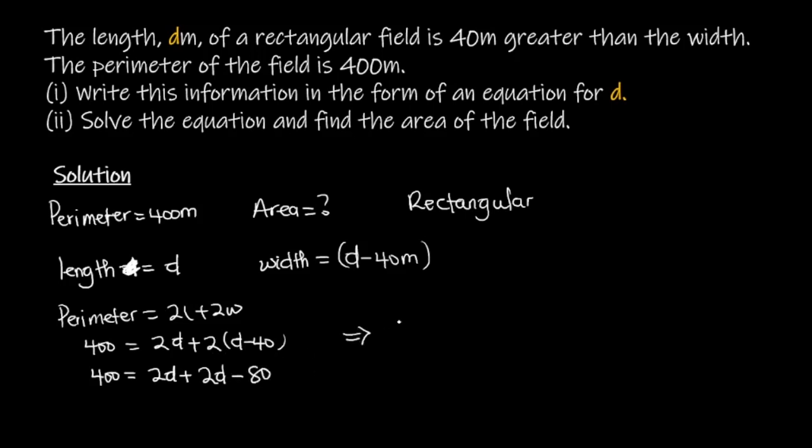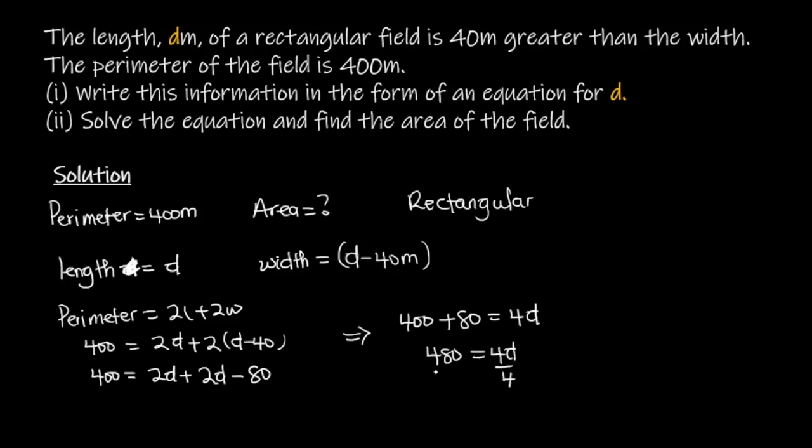This implies that 400, we can send the negative 80 to the other side of the equal to sign, to the left hand side. It becomes positive, so plus 80 is equal to 2D plus 2D will give us 4D. So 400 plus 80 is equal to 480 equals 4D.